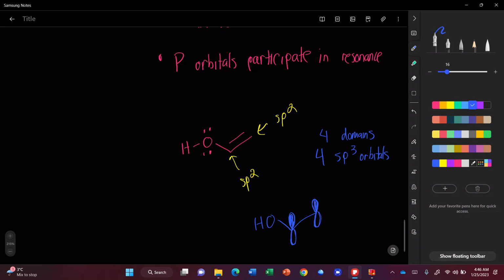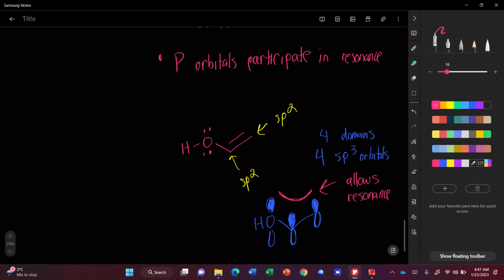Once I can put one of the oxygen lone pairs in that leftover p orbital, hopefully you can see that I now have a continuous chain of p orbitals, which, if you didn't know, is what allows resonance to occur.